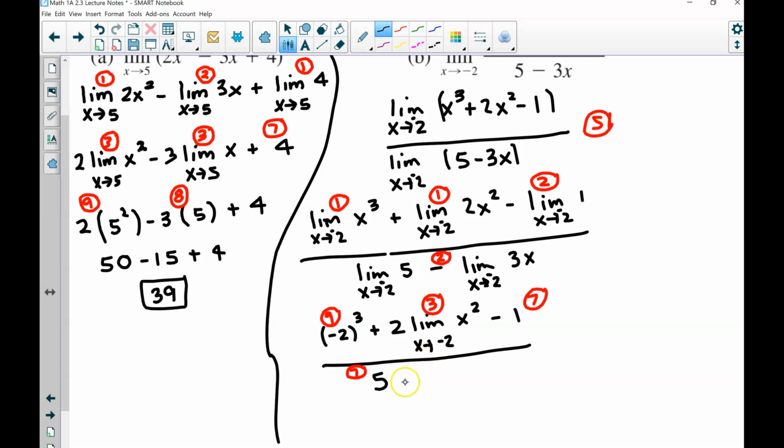Okay, and then minus 3 times the limit as x approaches negative 2 of x.